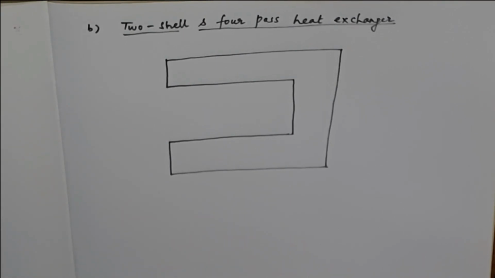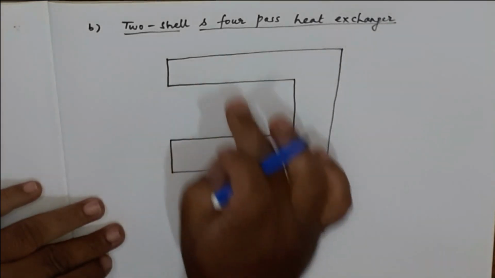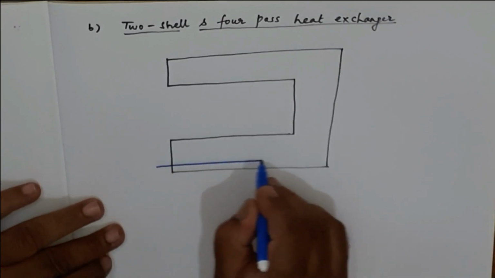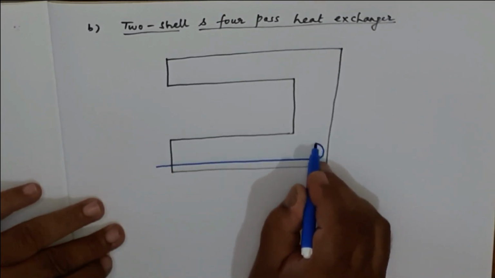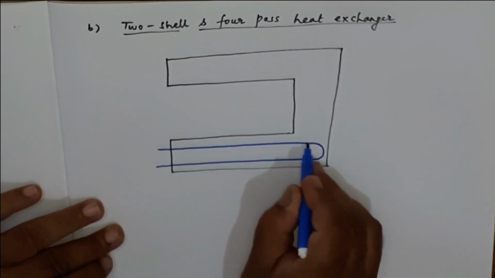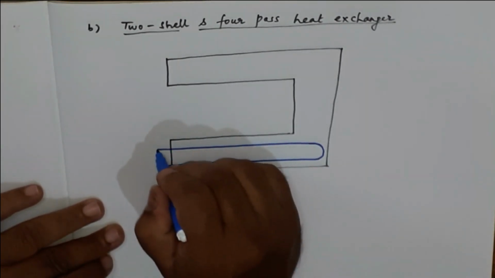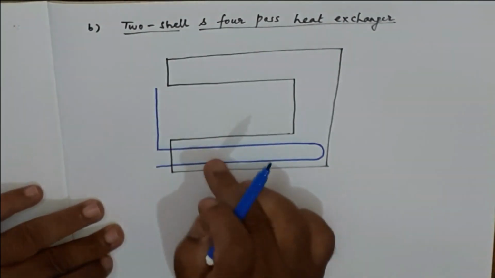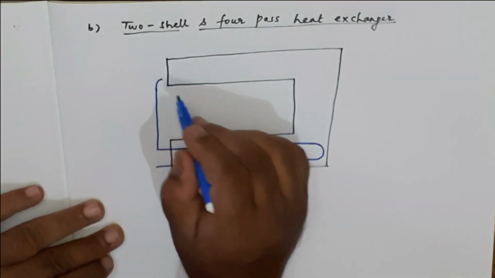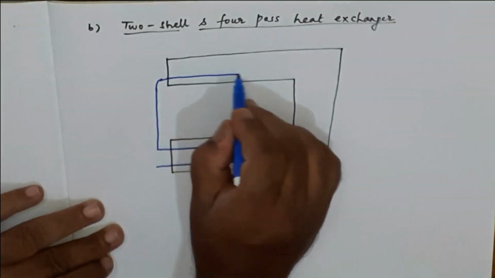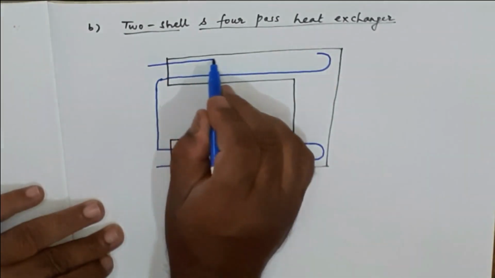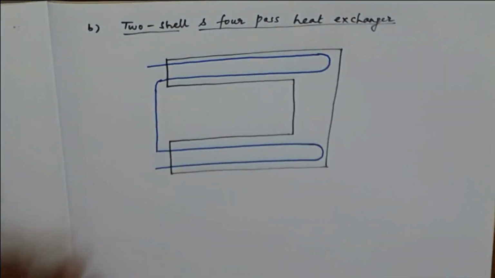So these are the two shells, and this is the tube which is entering here. You can see this is the tube which goes here, and again you take back the tube here. And then the tube enters the second shell. This is the first shell, and now the tube enters the second shell, and now it again returns and exits here.